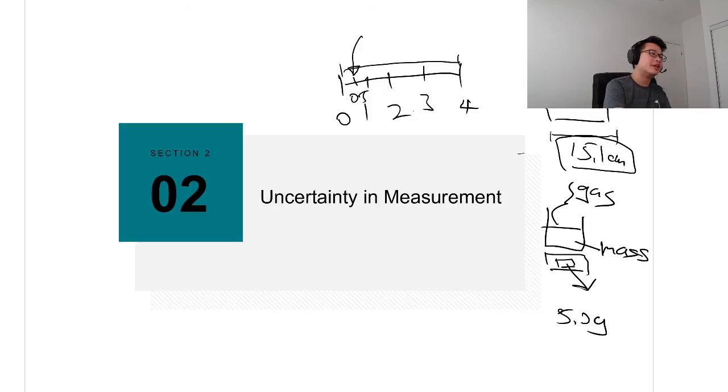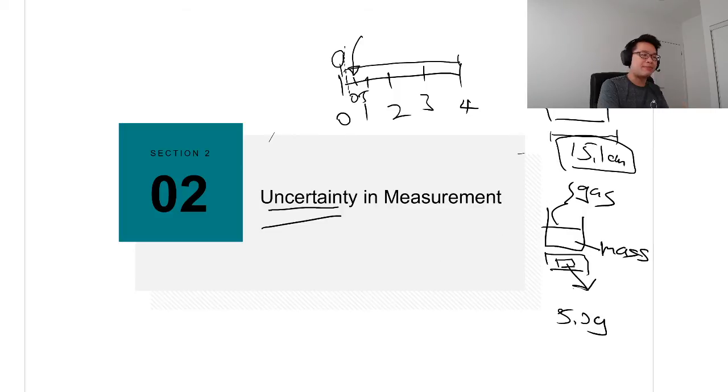So if you are trying to measure a coin, and it just happens to be between 0 and 0.5, there are no markings at all. So you just don't know what exactly the measurement will be. And this will give rise to the uncertainty in your measurement.